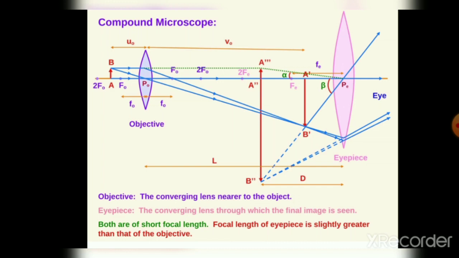The first image is obtained near the focal point of the eyepiece, and the final image is obtained at a large distance. Magnification obtained by the compound microscope.